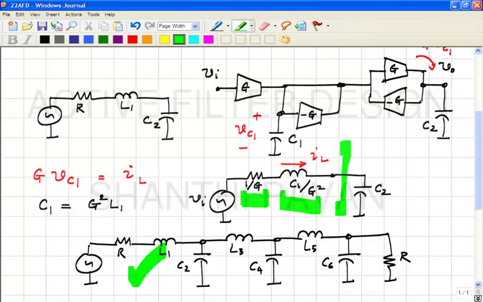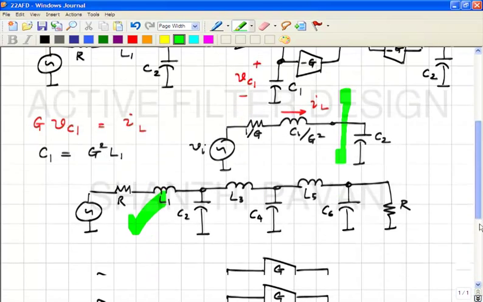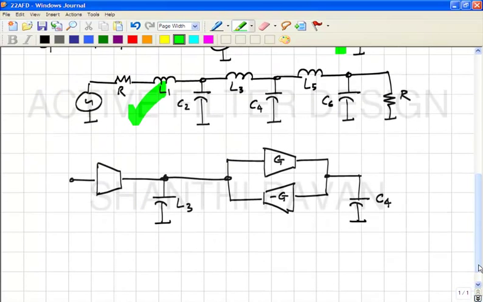Okay. So what should you do now? If I want to realize simply the inductor without the resistor, I must have what should I put? Okay, the damping transconductor is not required anymore. Okay.